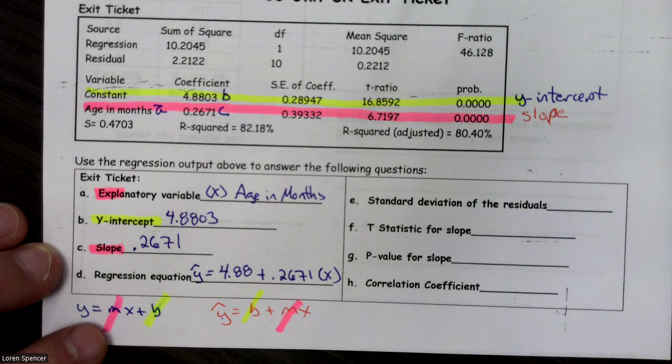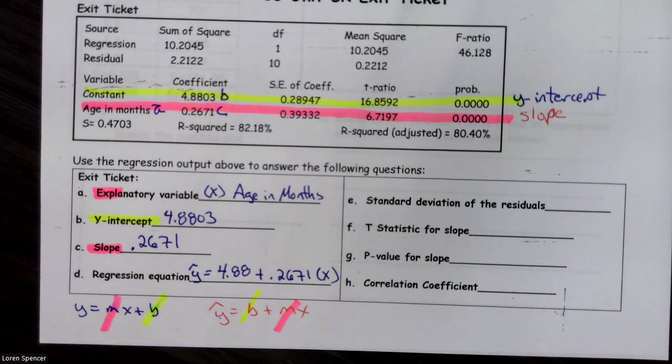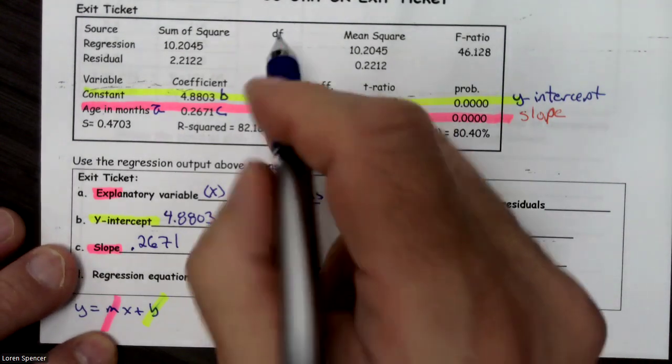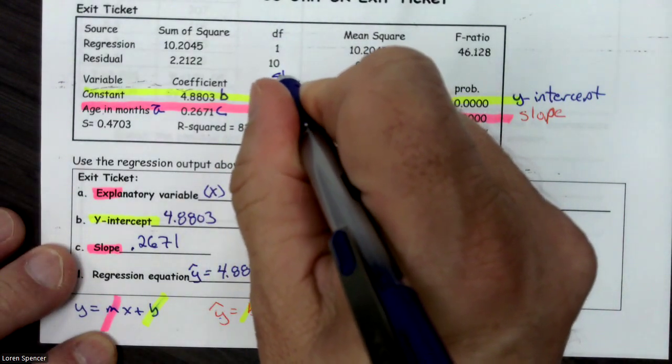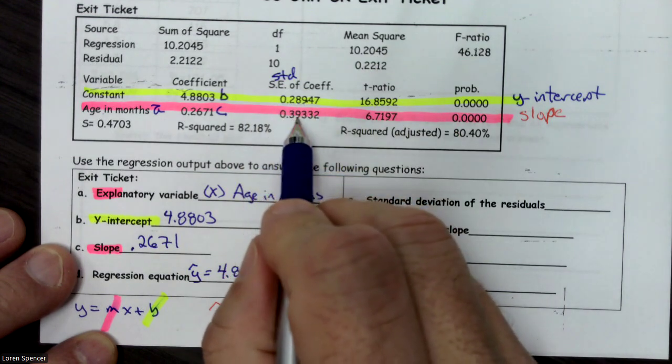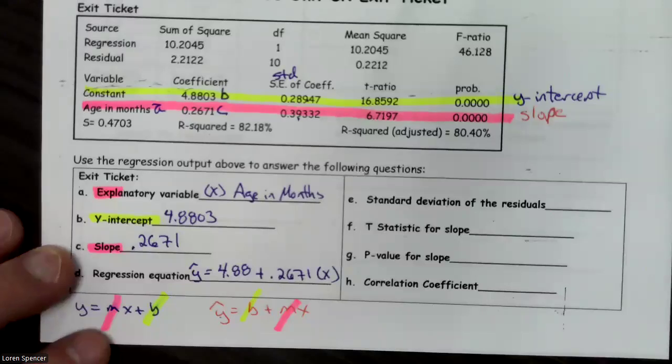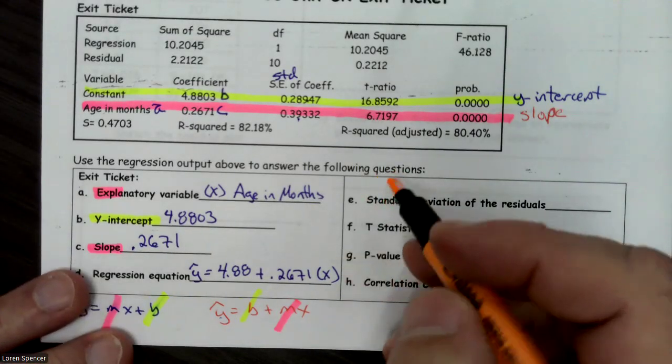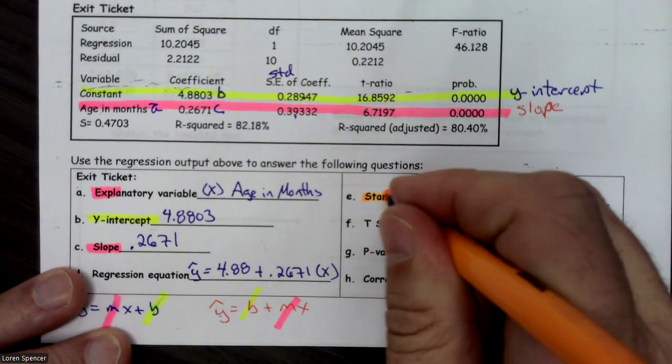The next thing it asks for is the standard deviation of residuals. And be careful, because sometimes this is referred to as standard deviation, but that could be the standard deviation of the y-intercept or the standard deviation of the slope. This asks for the standard deviation of the residuals, and it's in a completely different spot.